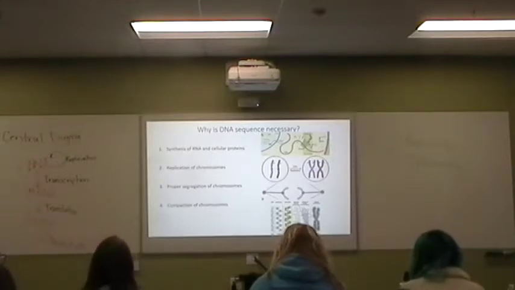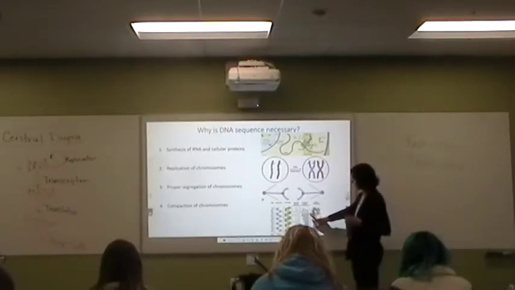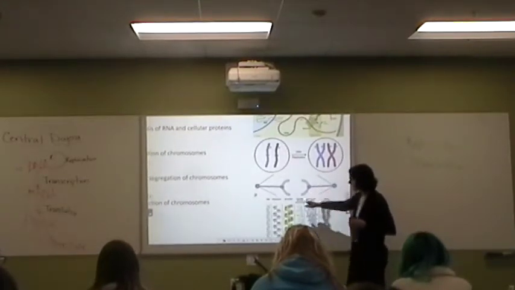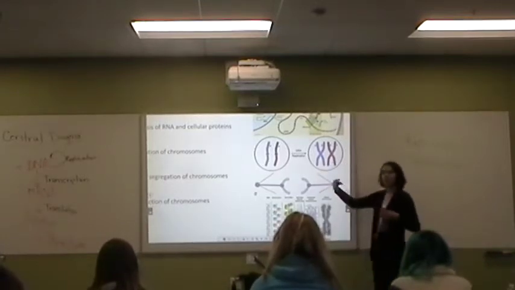And then the last piece, which is what we're going to primarily focus on in this chapter, is we use DNA sequence to compact chromosomes. So far, and I'll show you this image again later, the way we've talked about DNA has been like this: just our simple double helix thread or strand.